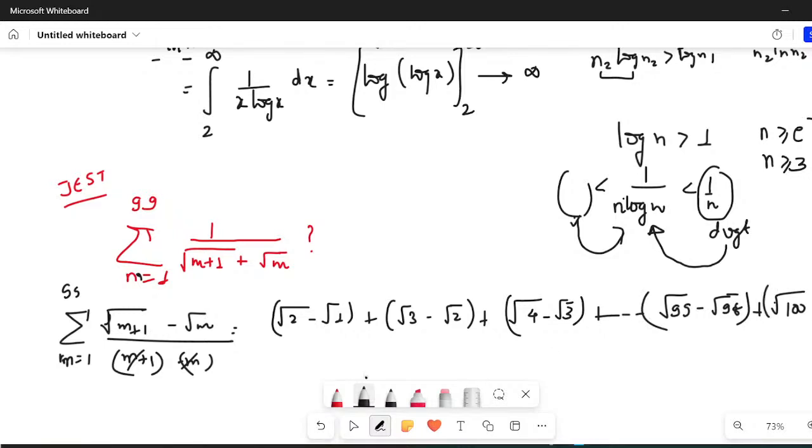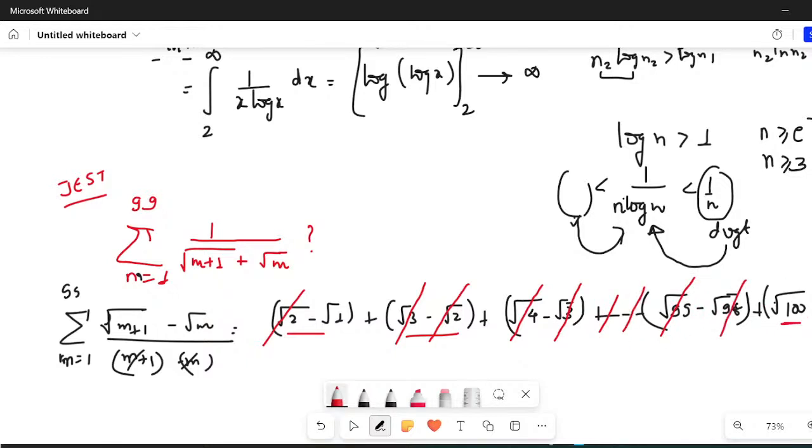So what will happen? Please remember, in each bracket, the former part is being cut by the next bracket's latter part. This latter part would have been cut by some former part.